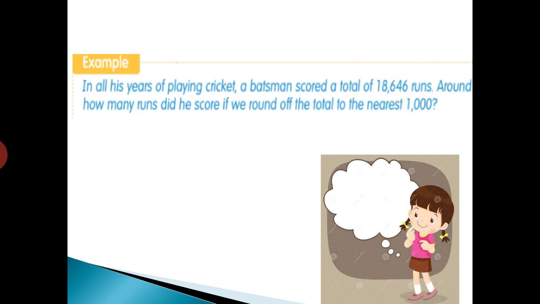We have already discussed the steps. Whenever we need to round off to the nearest thousand, which digit do we see? The hundreds place. So which digit is at the hundreds place? The digit 6, and 6 is greater than 5. So what do we do?